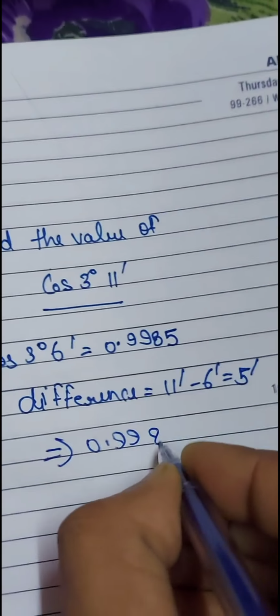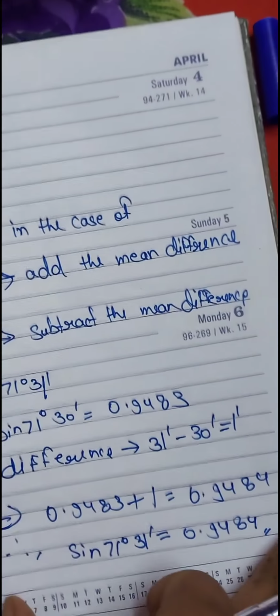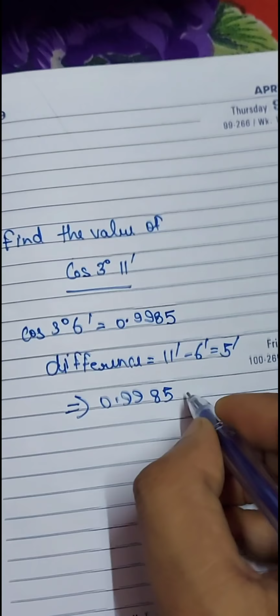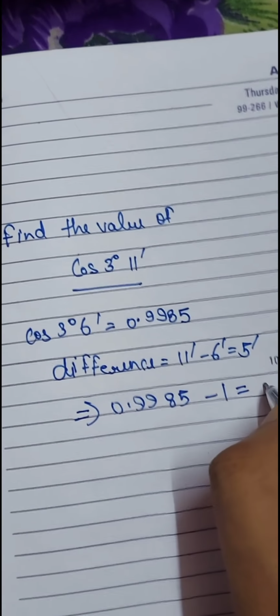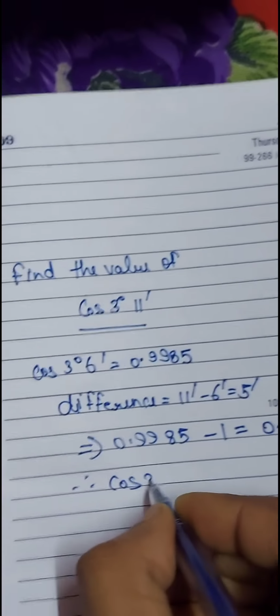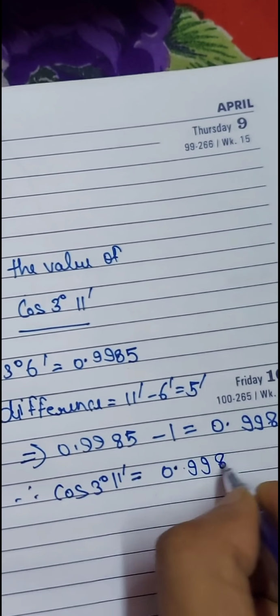So we will subtract, because what I have said in the previous point, in the case of cos, subtract the mean difference, because the value of cos decreases from 0 degree to 90 degree. So 0.9985 minus 1 will be 0.9984. Therefore, cos 3 degree 11 minute is 0.9984.